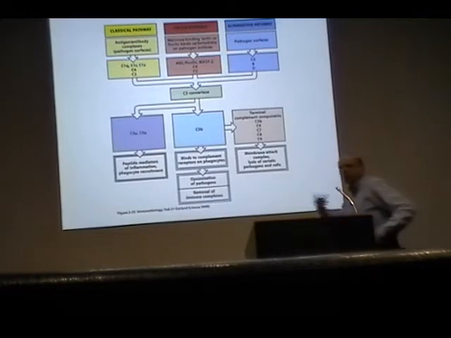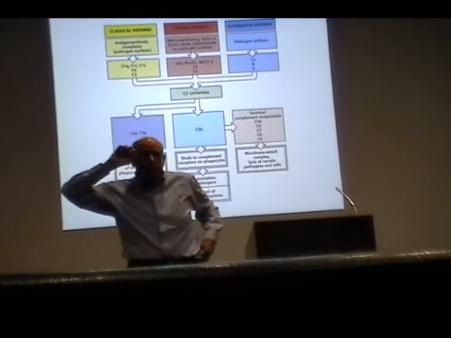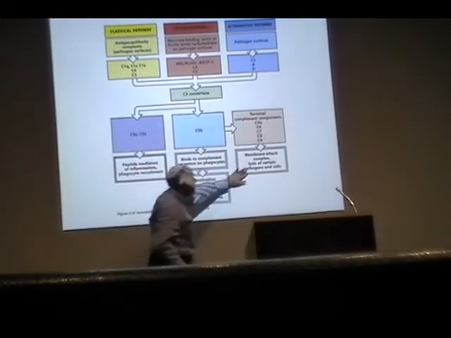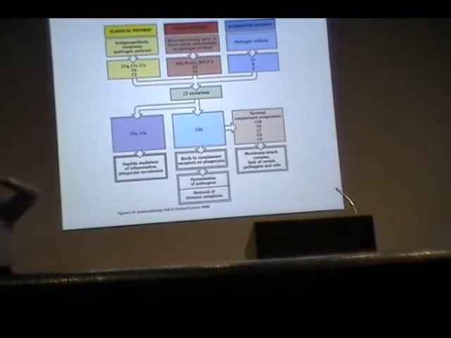I'm going to summarize, then we'll move to inhibitors. The three pathways to activate, the end game is these four effector functions. The mechanism to get there is to create this molecule, C3 convertase.